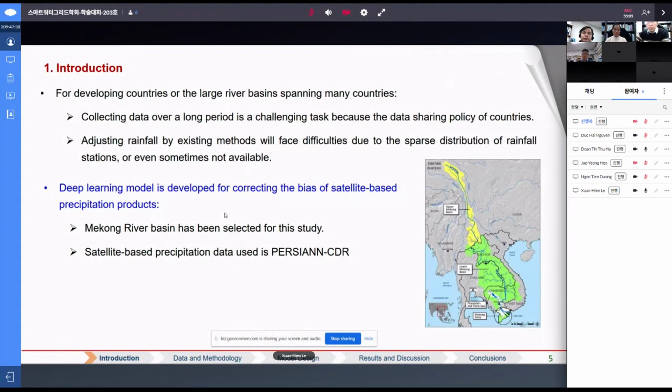In this study, I propose models based on deep learning for correcting the bias of satellite products. The Mekong River Basin has been selected for this study, and the satellite-based precipitation data are PERSIANN-CDR.